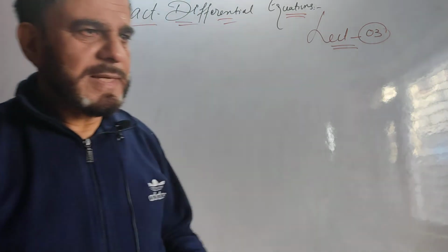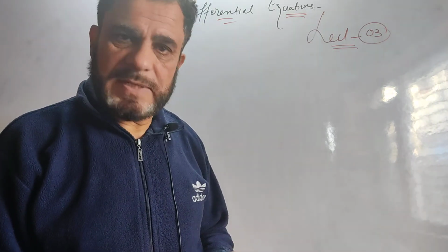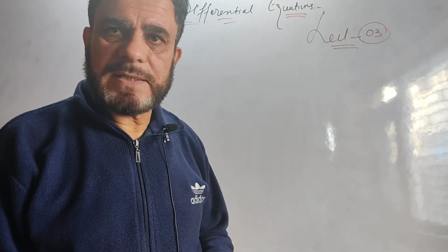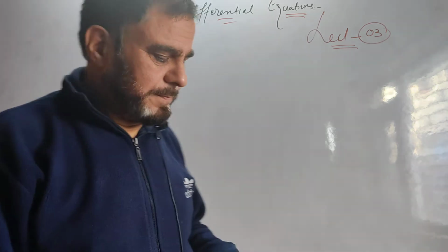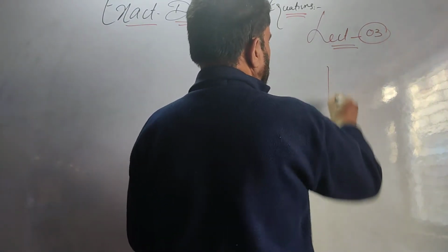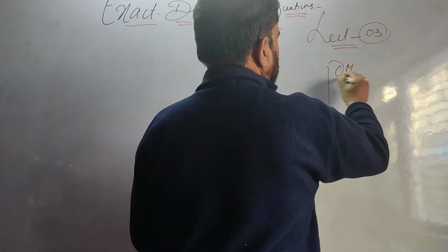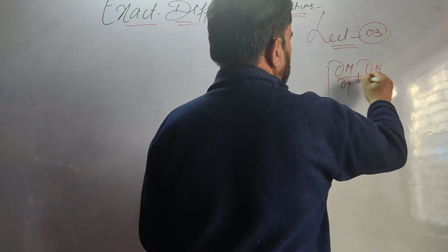Now there are certain cases where a differential equation fails to be exact. That is where you get partial of M, dou M by dou y, not equal to dou N by dou x.